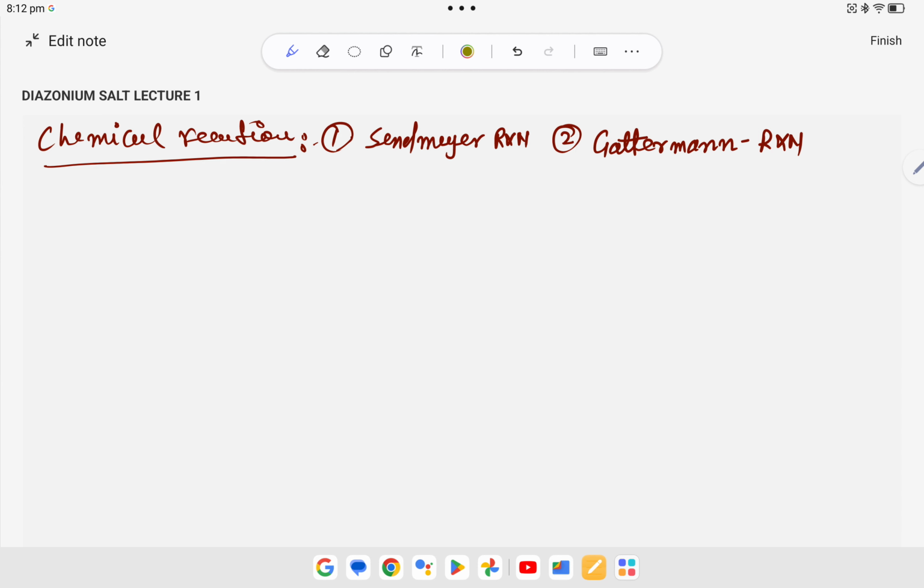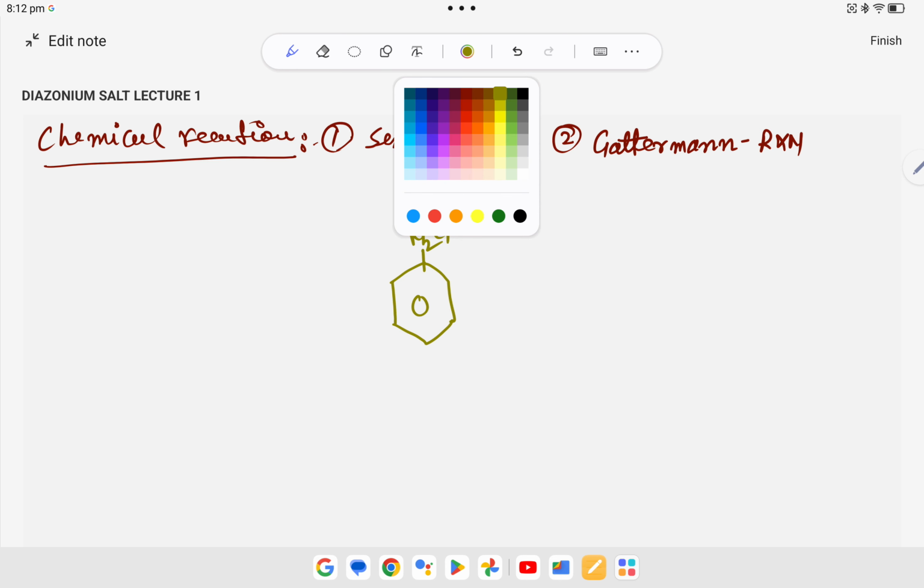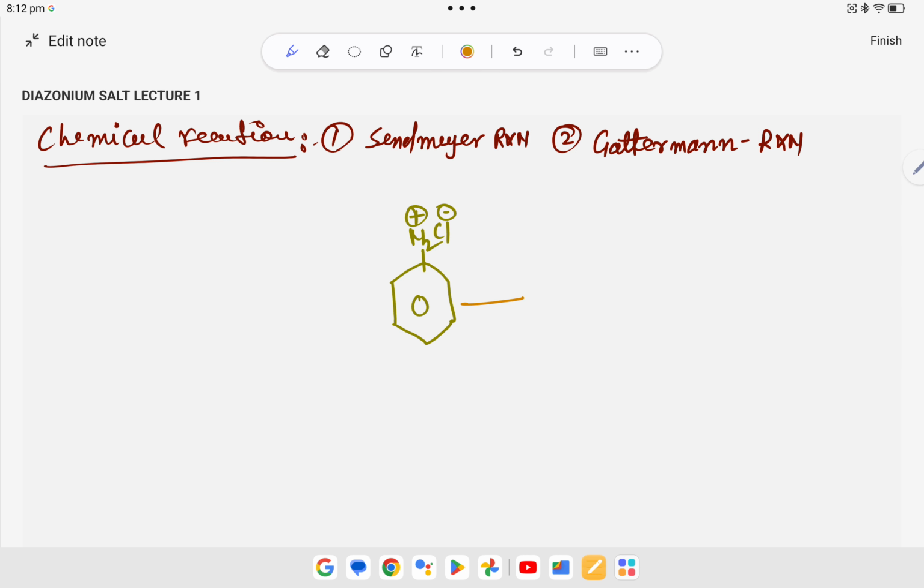Here we have diazonium chloride. In the first case, it reacts with Cu2Cl2 and HCl, or you can take CuCl also.